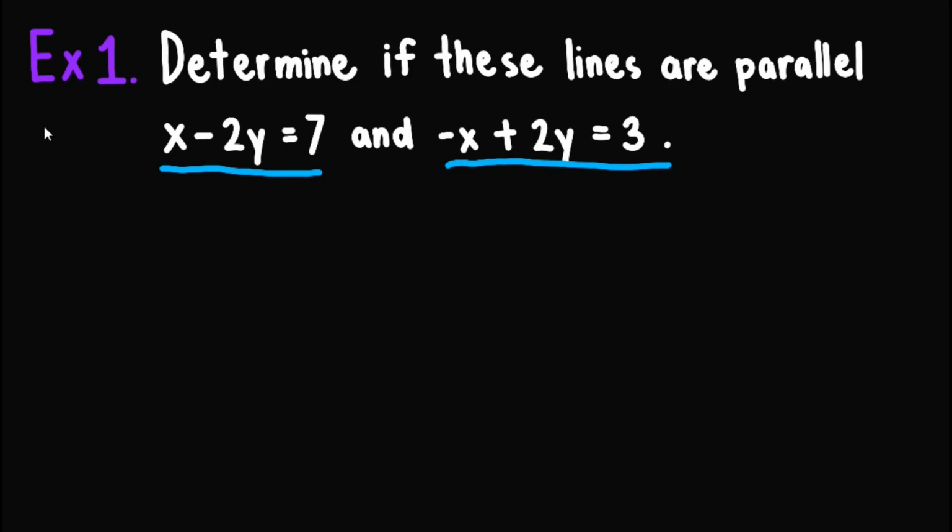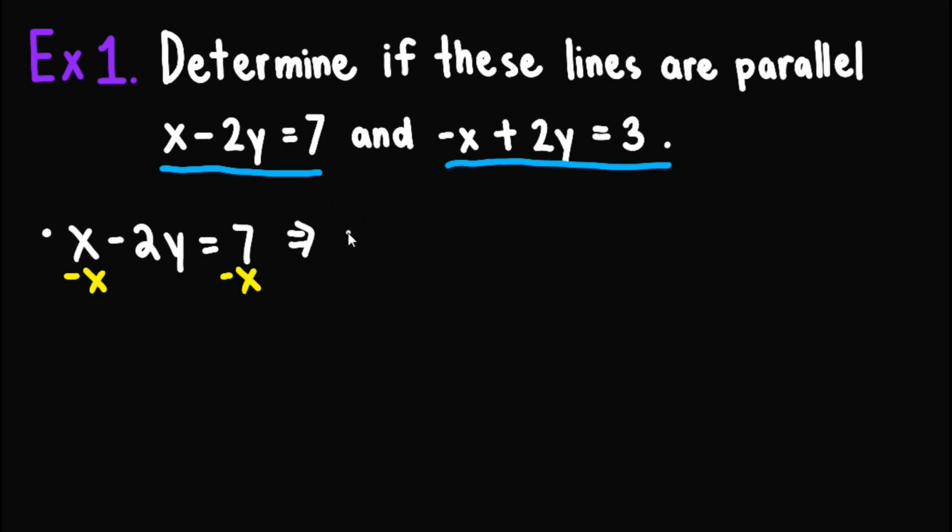So for this first one, we have x minus 2y equals 7. To convert this to slope-intercept form, what we first do is subtract x from both sides to isolate y on one side.